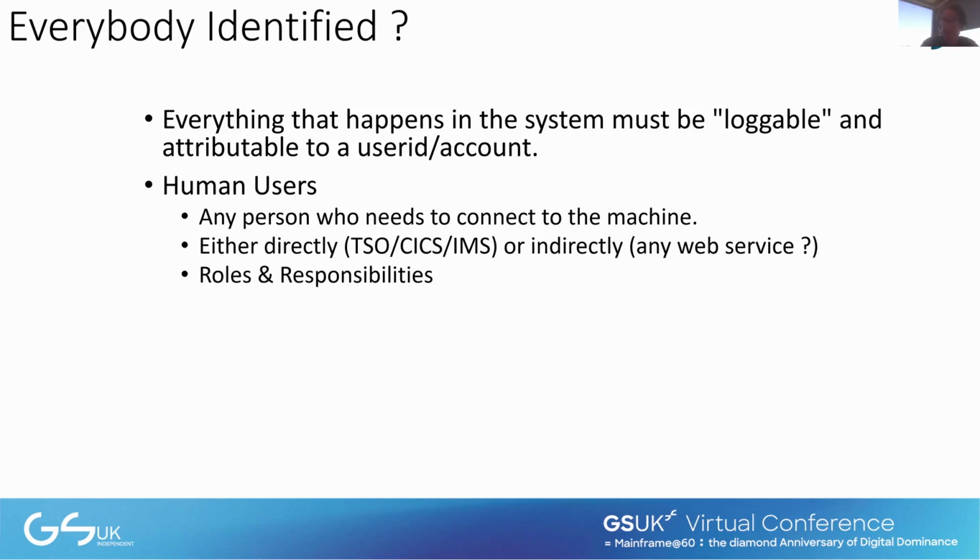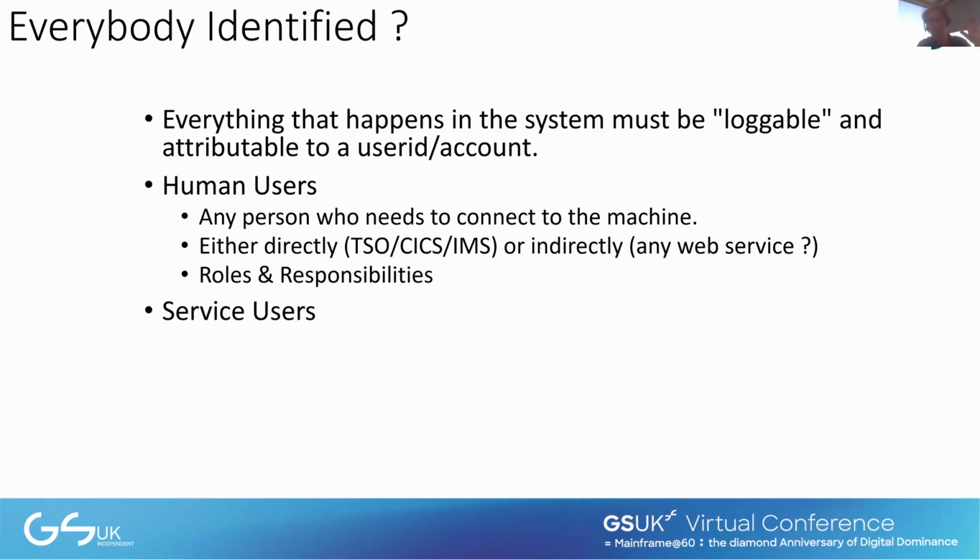If they do connect directly, what are they actually doing and what do they have to do? That needs to be identified. Beyond that, you've got service users, because z/OS is a server with services running all the time. So you need to be watching what these guys are doing, because eventually these service users can be hijacked by humans to do bad things.